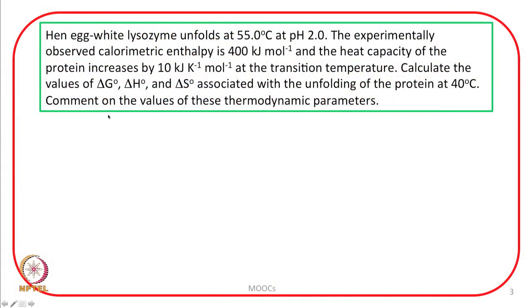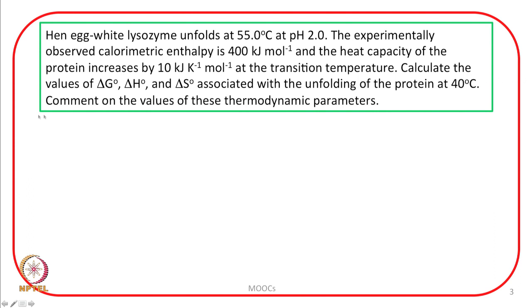Let us look at this question, which is: Hen egg-white lysozyme unfolds at 55 degree centigrade at pH 2. The experimentally observed calorimetric enthalpy is 400 kilojoules per mole, and the heat capacity of the protein increases by 10 kilojoules per Kelvin per mole at the transition temperature.